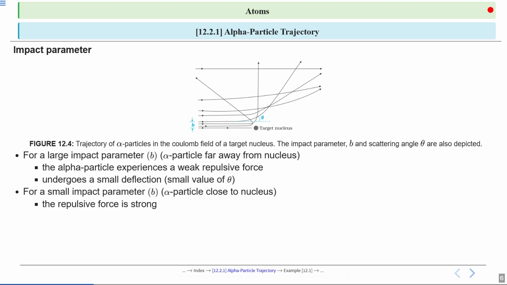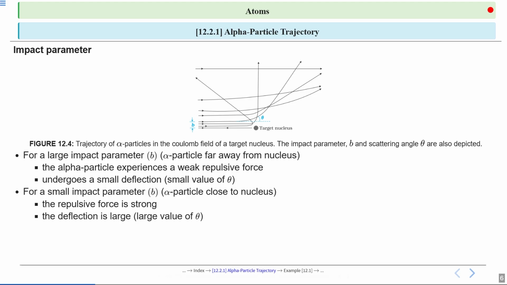Remember, the electrostatic force increases as the distance decreases, according to F = kQ1Q2/r². So if r is decreasing, meaning the distance between two charged particles is decreasing, the electrostatic force between these two charges increases.